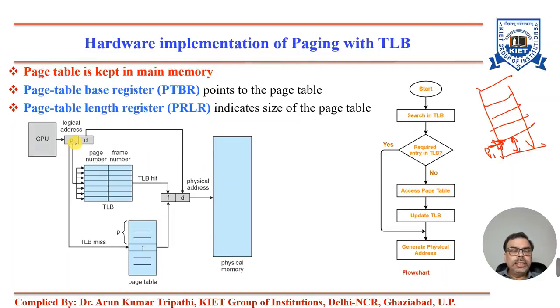When the CPU generates an address, it is divided into two parts, page number and page offset. This page number will be searched in the TLB, translation look-aside buffer. If it is found, then the frame number corresponding to that page number is retrieved.